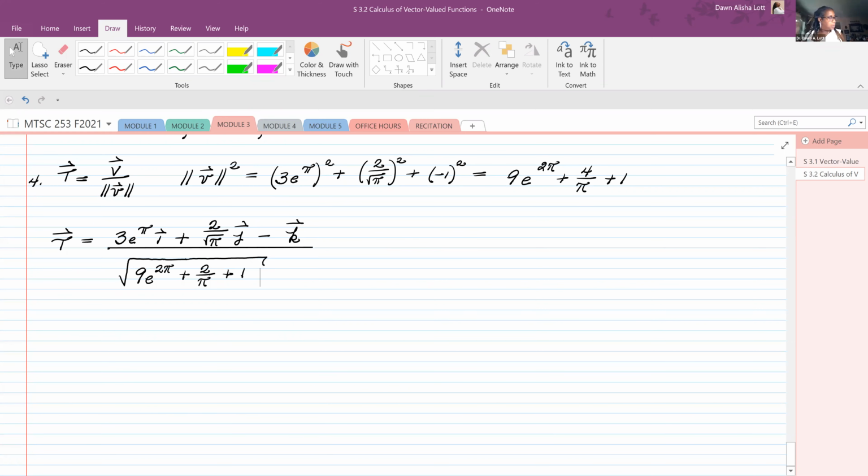Now, similarly, we can compute the integral of r of t dt.